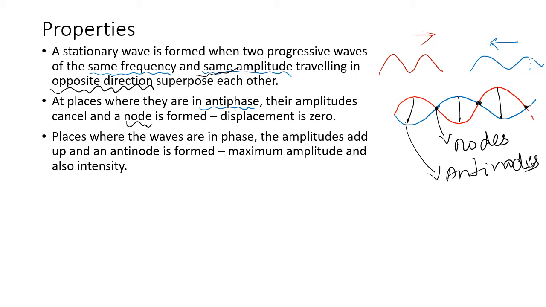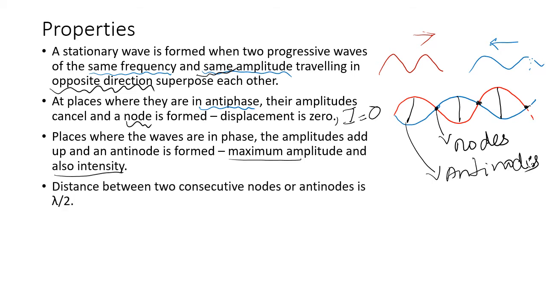Amplitudes cancelling each other means their displacement is zero, and since they don't have any amplitude in those areas, the intensity is also zero. At places where the waves are in phase, the amplitude adds up to give you an antinode, and since the amplitude is maximum, the intensity will also be maximum.